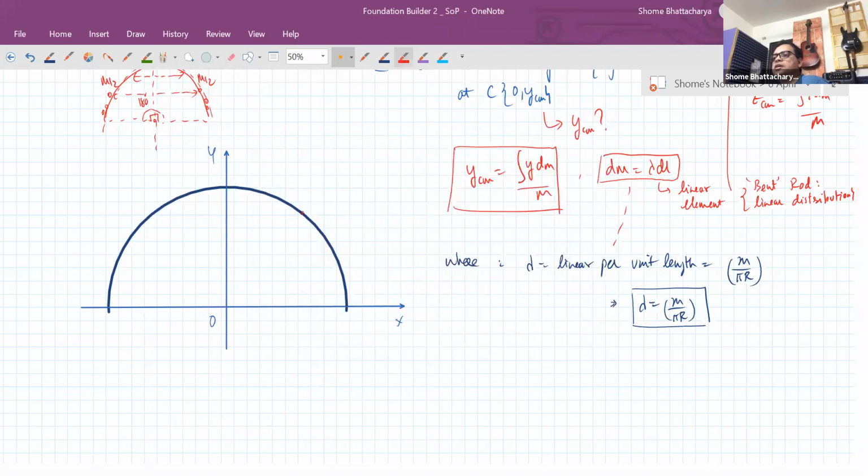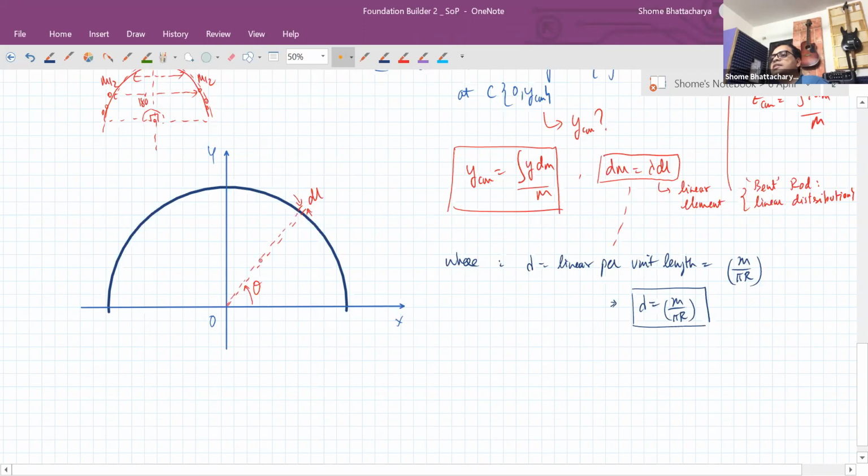we identify a differential length like this. This is some differential length dl. So first of all, we identified the position of it by angular position. And secondly, that small element dl is basically a small arc.